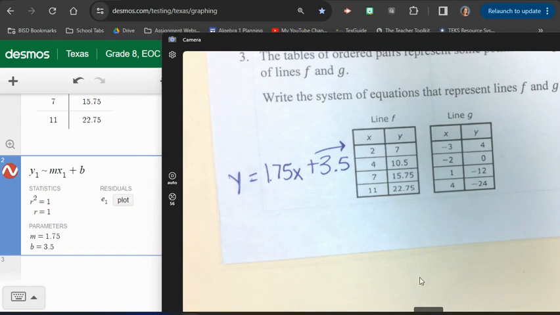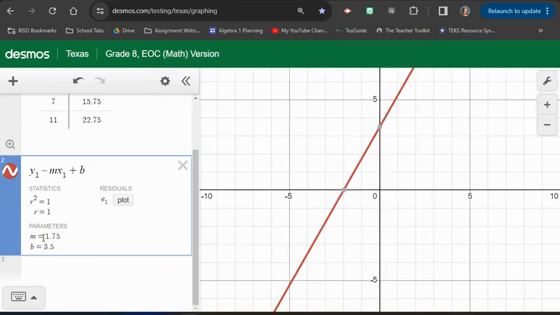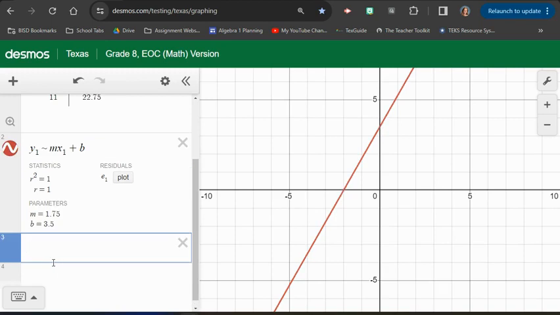But what if I want it in fraction form? So if it's not a repeating decimal, so it terminates. So see how this doesn't go on and on forever? It terminates. I'm going to change this to a fraction. So put in the next line 1.75.